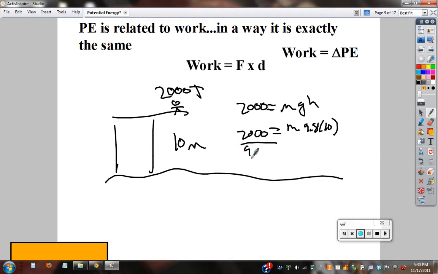So divide by 9.8 times 10, and then solve. Mass equals that. The answer, mass equals 20 kilograms.